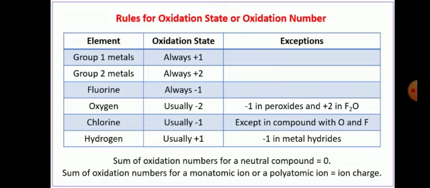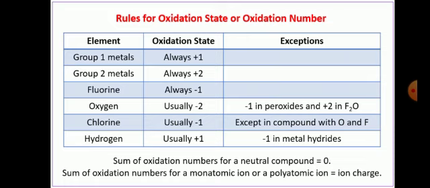So that is an exception for oxygen. Either it can be -2 or +2 or -1. And hydrogen is usually +1, and sometimes it can be -1 in metal hydrides. So when it is a metal hydride, the oxidation state can be -1, but it is usually +1.